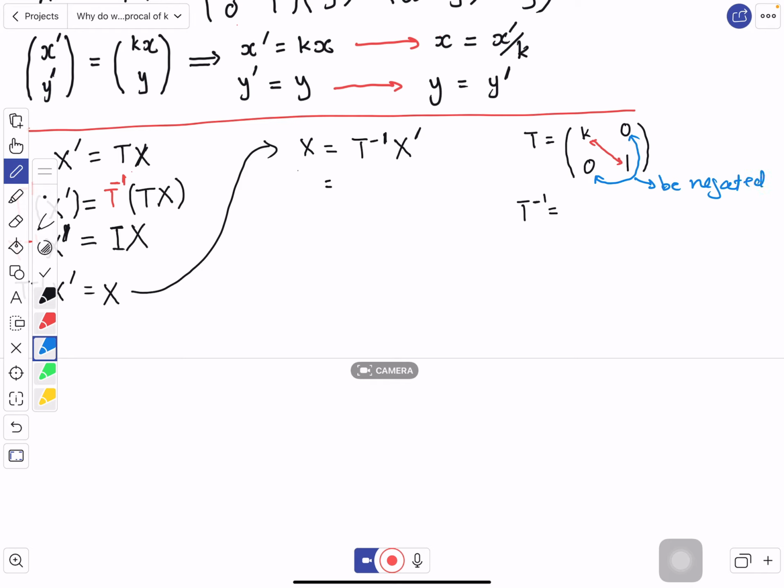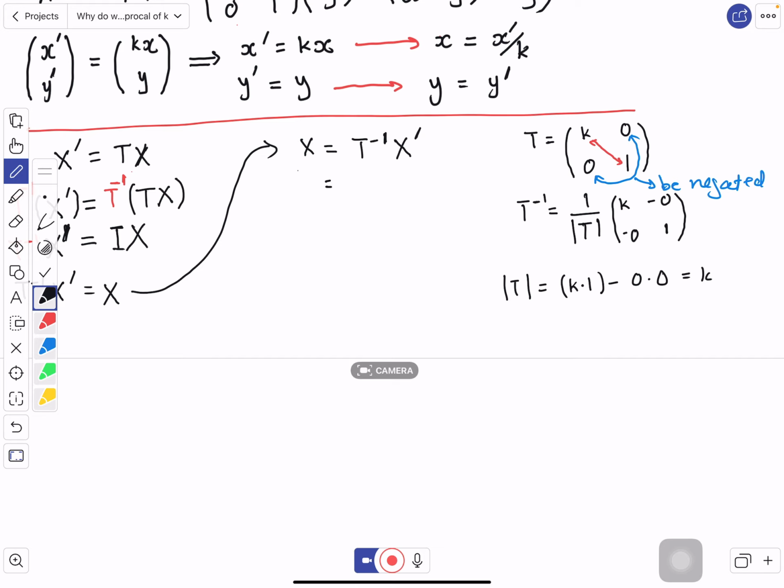And then we also need to find the determinant. So T inverse would be 1 over the determinant times the switched matrix. If we negate 0, the negative of 0 is still 0. The determinant of T would be k times 1 minus 0 times 0, which just gives us k.